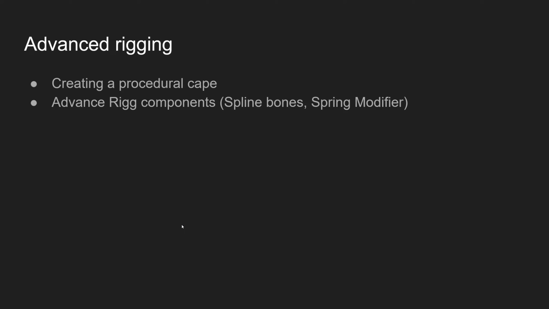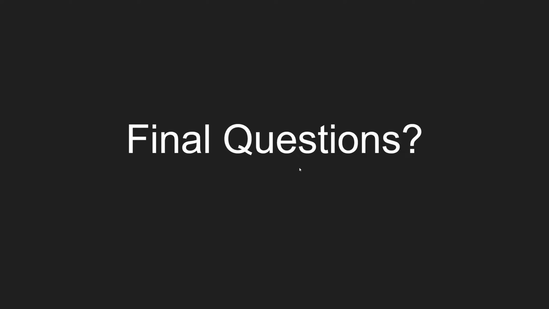Okay, so these were the parts that I already showed: creating a procedural cape, and creating a spline using the spline bone tool and the spring modifier. And this was all.